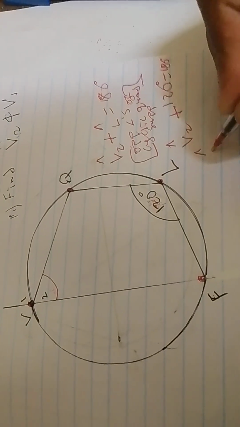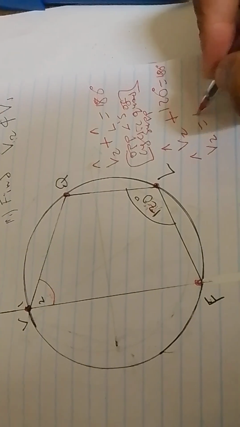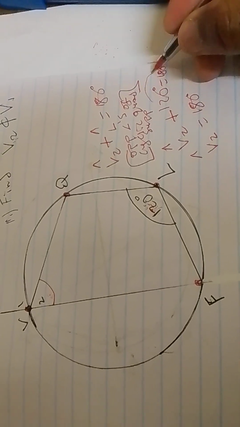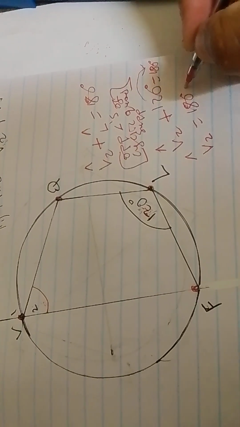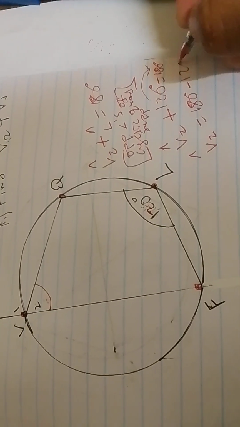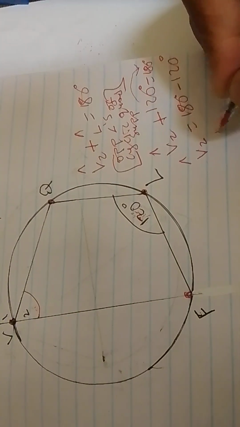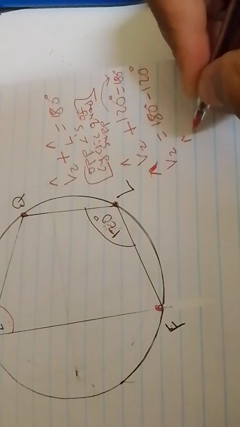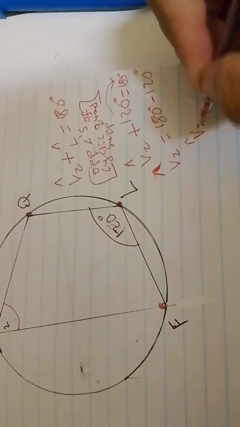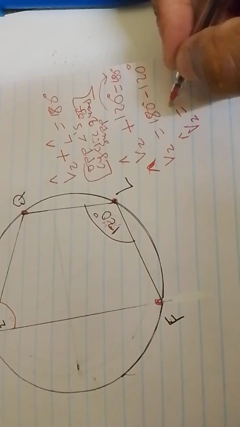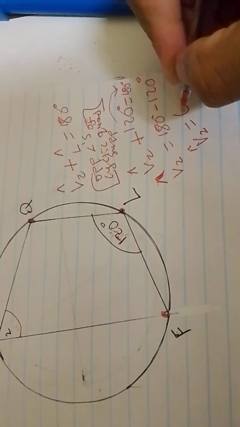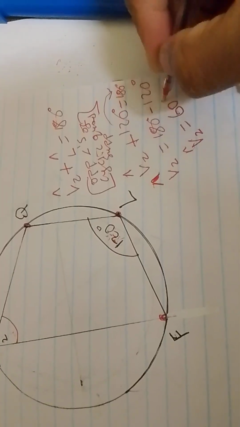And then angle V2 will be equal to 180 minus 120 degrees, I'm transposing 120 to that side. So angle V2 will be equal to 60 degrees. So this angle is equal to what?